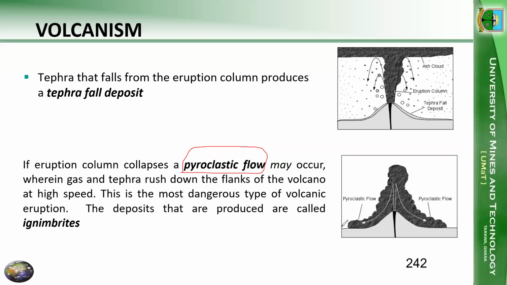And the deposits that are produced from this type of flow are called ignimbrite.